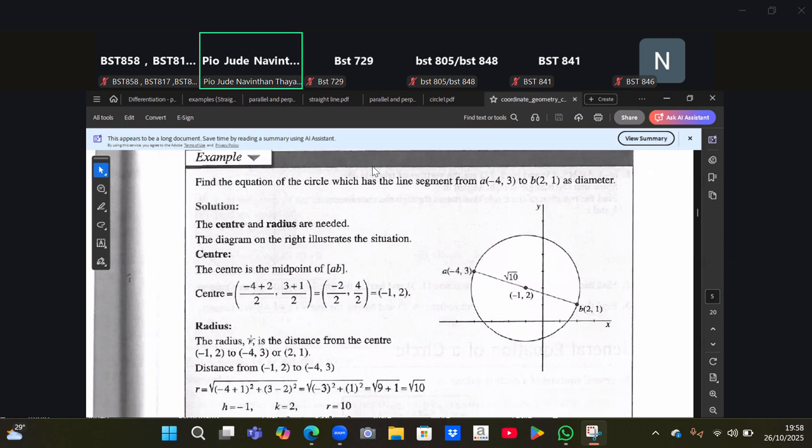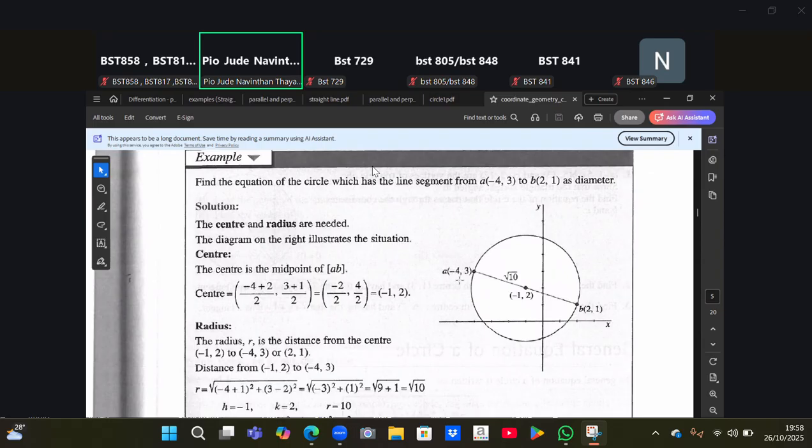What is your radius? Radius is the distance from the center to the midpoint or to point A. We already studied that using the Pythagoras law. R will be the root of x difference square plus y difference square. They are taking A and the center: minus 4, 3 and minus 1, 2.